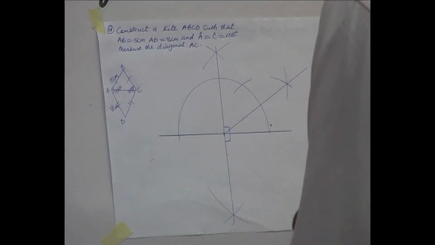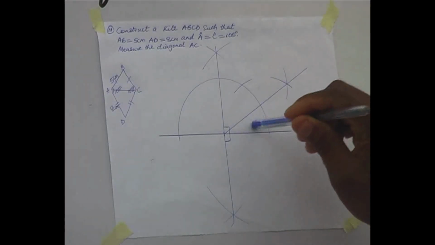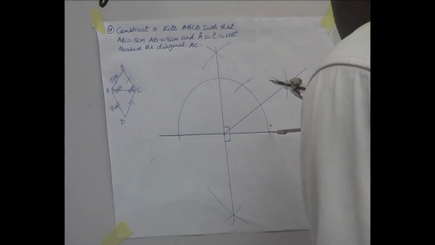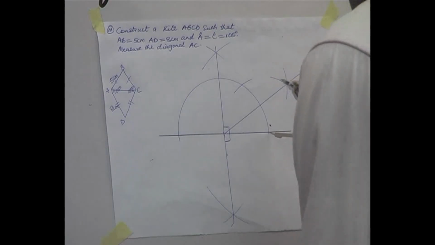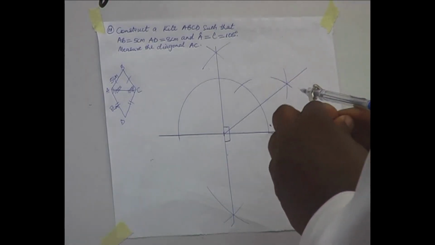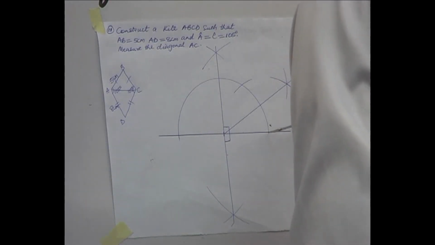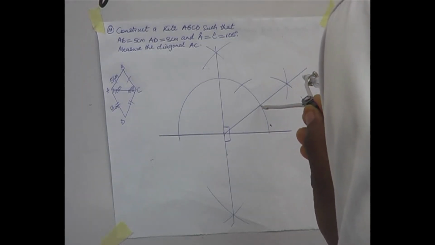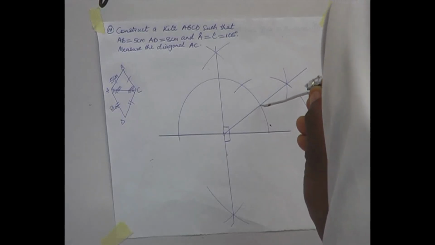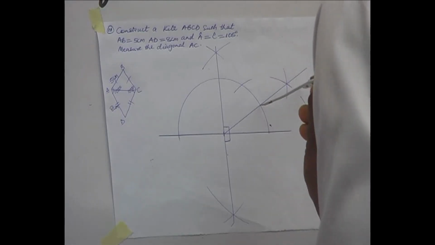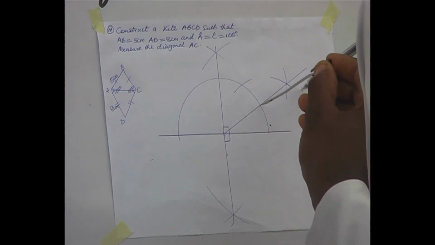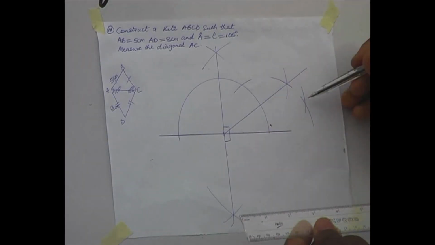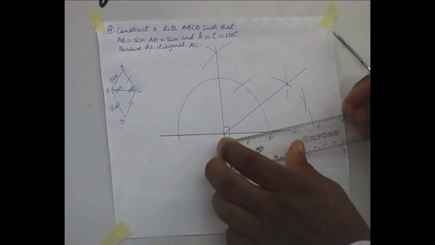Okay? I'm going to bisect this angle here now, which is angle 30 degrees, so that I will get my 15 degrees. Put it here, make an arc, remove it, put it here again with the same radius. Make sure the compass did not adjust. Make another arc to cut the one you made before. Now join the point of intersection and the center.